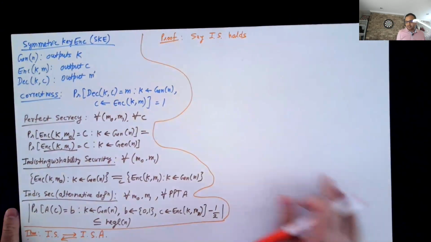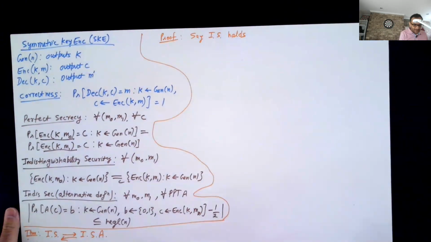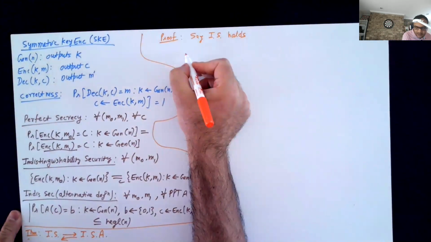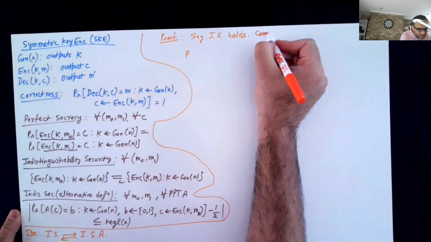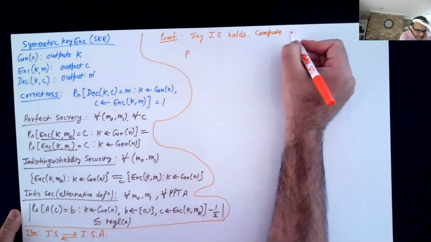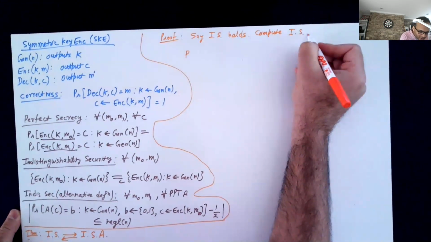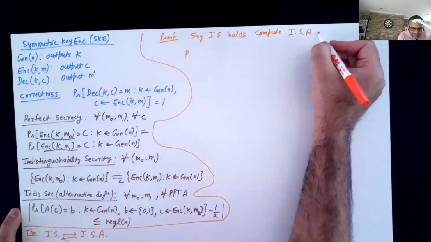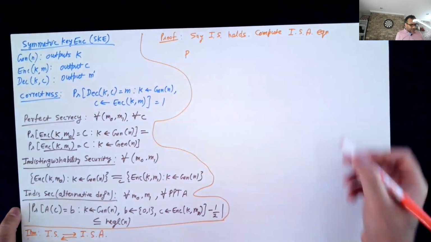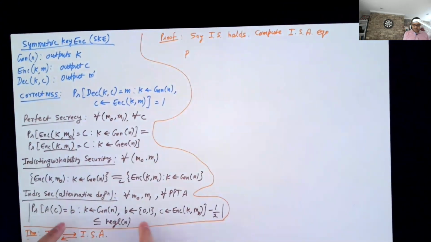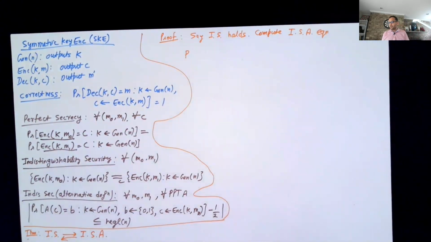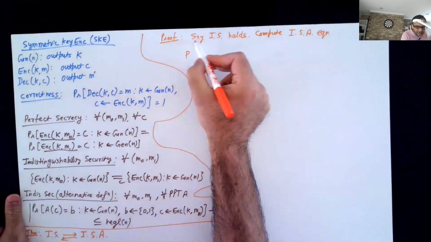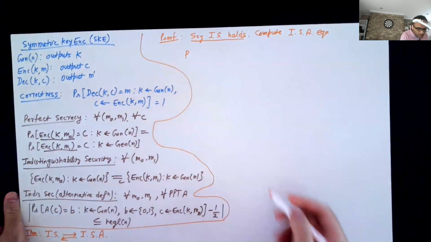So if the indistinguishability security holds, let's try to compute the indistinguishability security alternative equation, for lack of a better word. We are looking at this definition, and we will try to compute this one. First, if indistinguishability security holds, what does this mean?